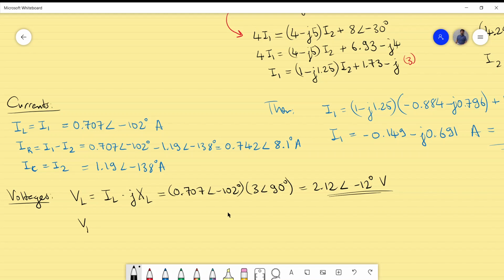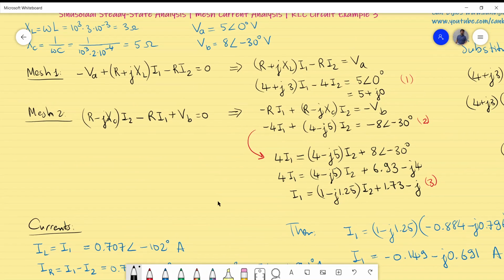Now the next one, VR, which is IR times R. If you look at the current IR, it will be 0.742 with phase 8.1 degrees. The value of the resistor was already given, shown here above.